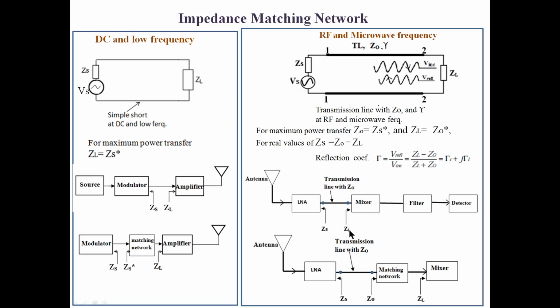Sometimes we don't know this value, the input impedance of this mixer, but we can measure VSWR. VSWR meters are available, and we can also measure the first minima from here. If you move like this, what is the minimum distance from this position?